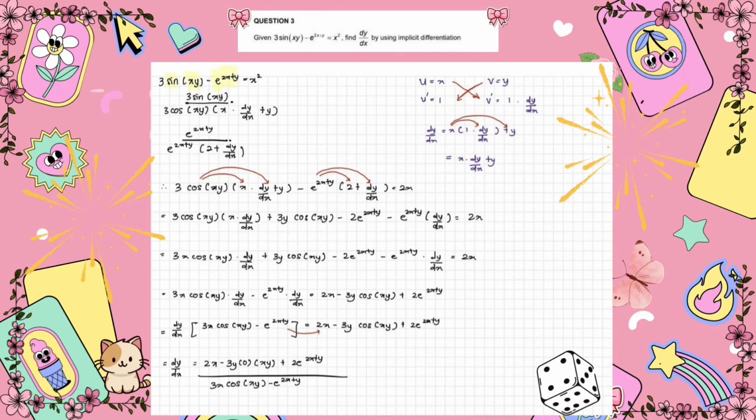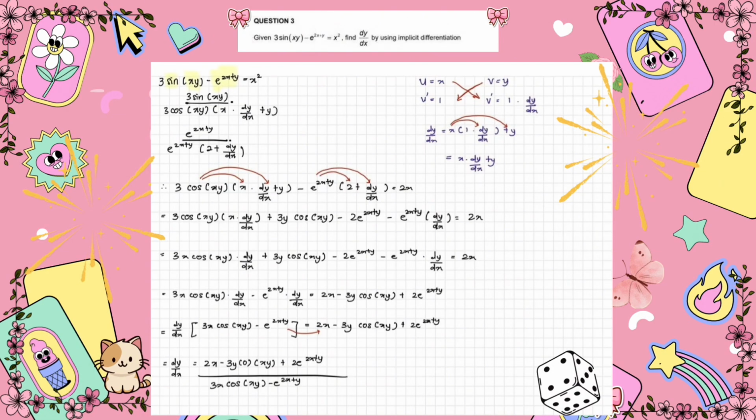Step 3. Expand terms and multiply out the terms on the left hand side. So we get 3x cos xy dy/dx plus 3y cos xy minus 2e^(2x+y) minus e^(2x+y) dy/dx. Step 4.